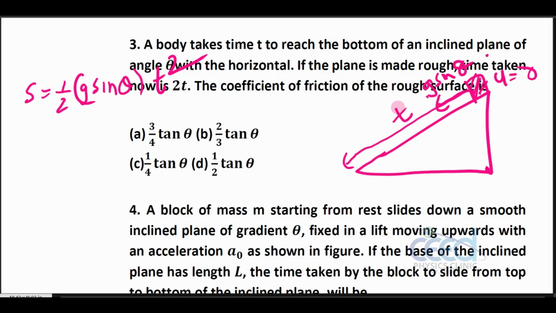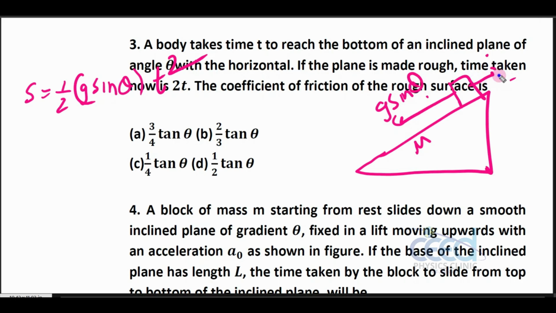Now if I make this surface rough with frictional coefficient mu, then g sin theta has no change downward, but one frictional force is active. What is that frictional force? The weight acting is mg, and this angle is theta, so this is also theta, and this component is mg cos theta.